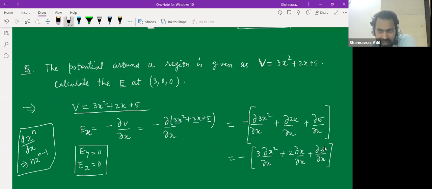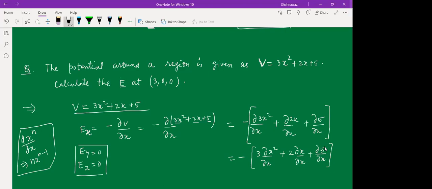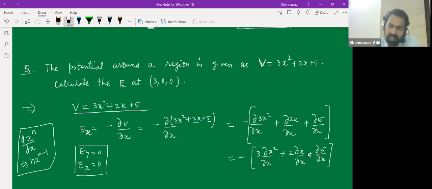So your x is changing and you are calculating the change in 5, a constant term. So will 5 change when you change x? No, sir. So change would be 0, which means that differentiation of a constant term is 0.